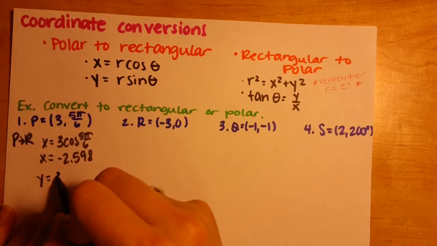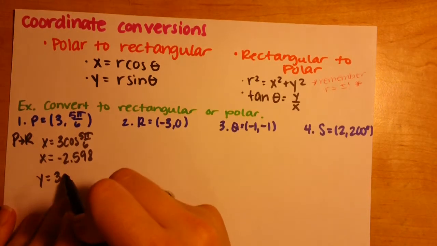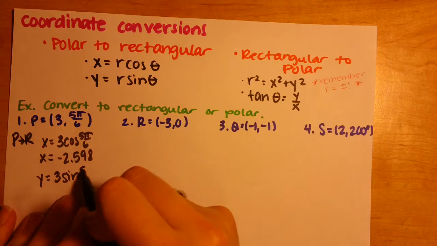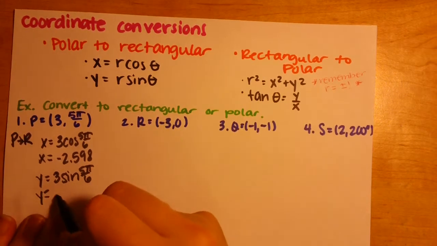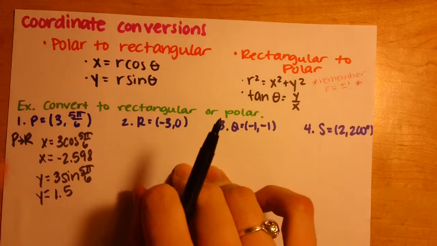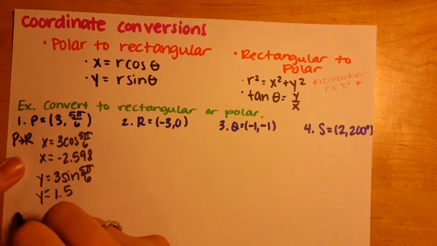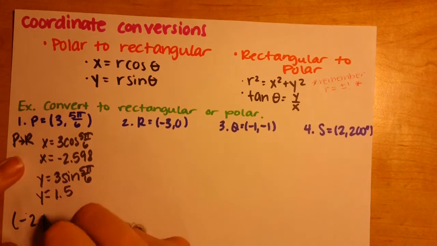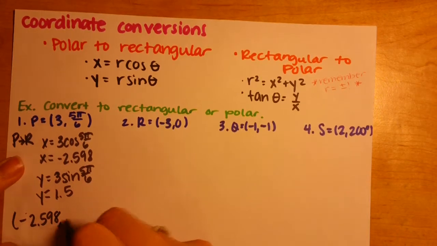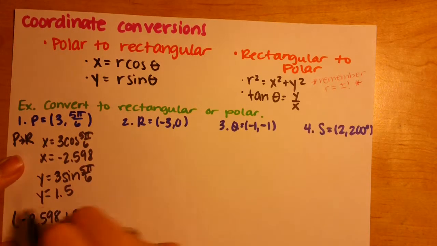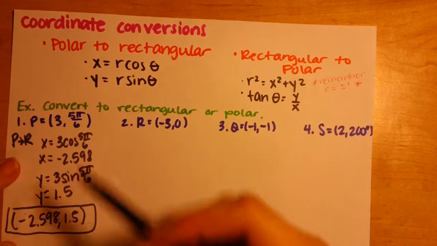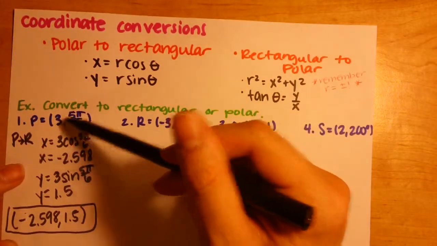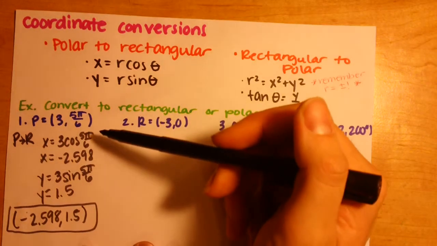Y equals r, which is our 3, sine of 5 pi over 6. So y equals 1.5. So our new coordinate is negative 2.598, 1.5. So these are our rectangular coordinates for the polar point 3, 5 pi over 6.